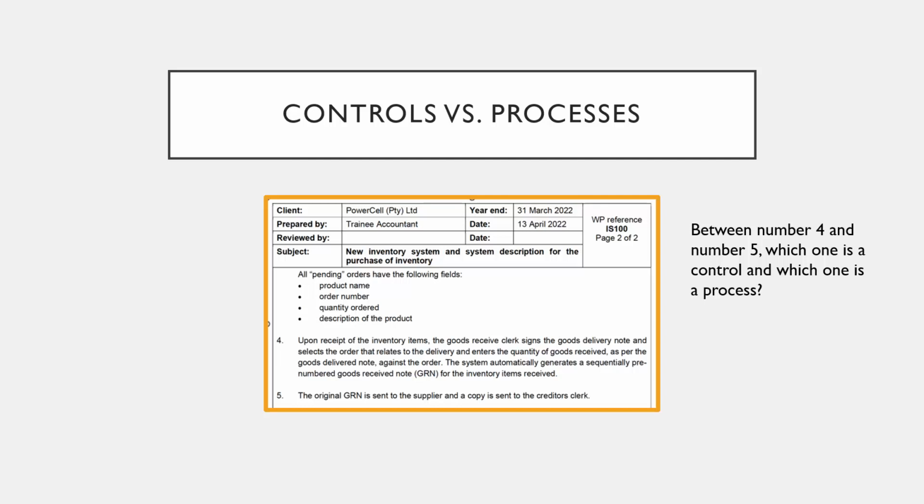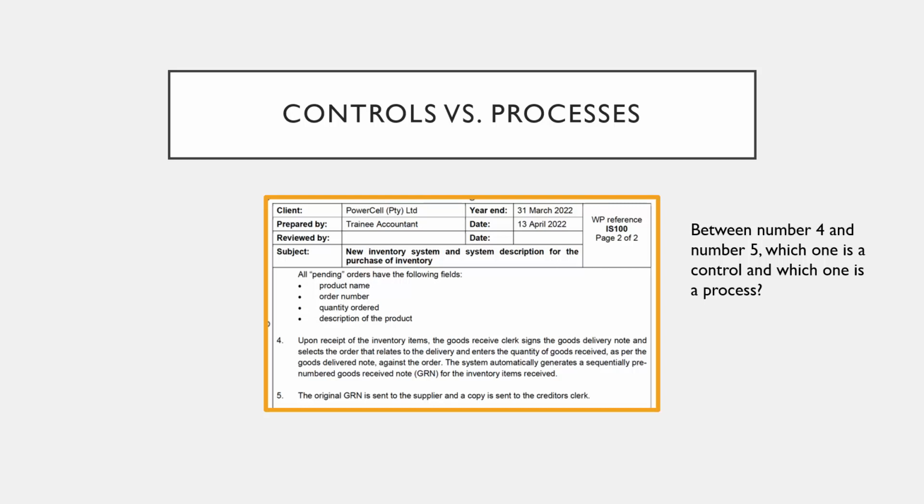This is to make sure that the company does not get incomplete orders. And then the system will automatically generate a sequentially pre-numbered goods received note, meaning that there will be no discrepancy from the goods delivery note and the goods received note. This is to make sure that our stock is complete.